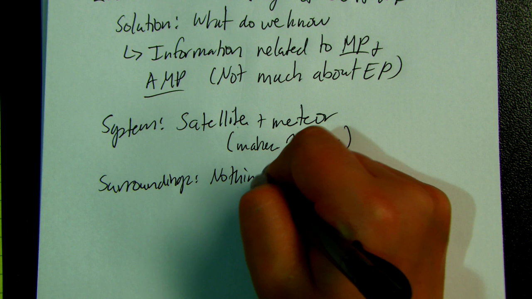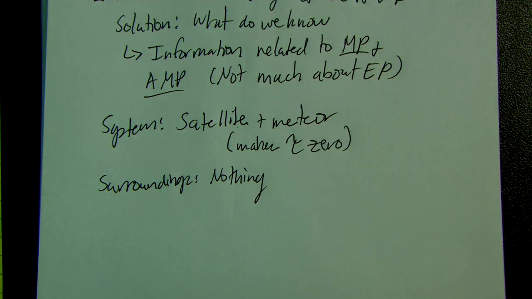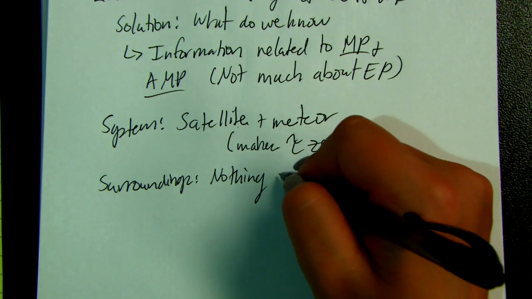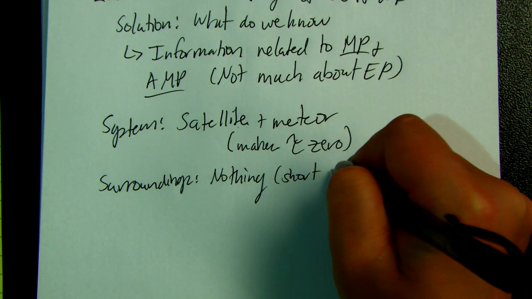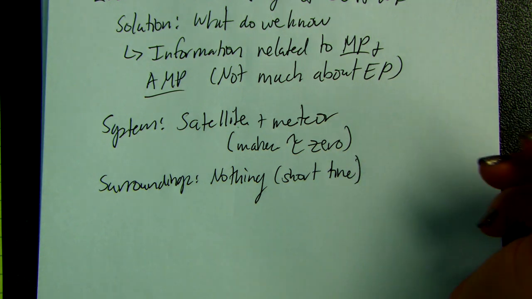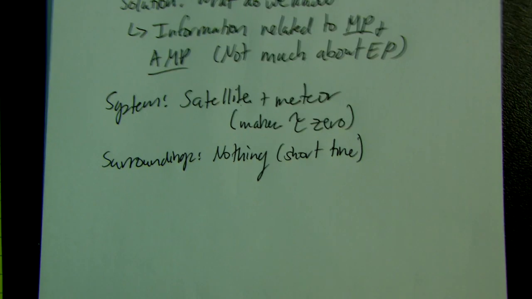Nothing, and then this is a collision interaction. So remember, collisions have the property that they take place over too short of a time for anything of the surroundings to be of importance. So nothing, again, short time. Too short to be interesting to the surroundings.